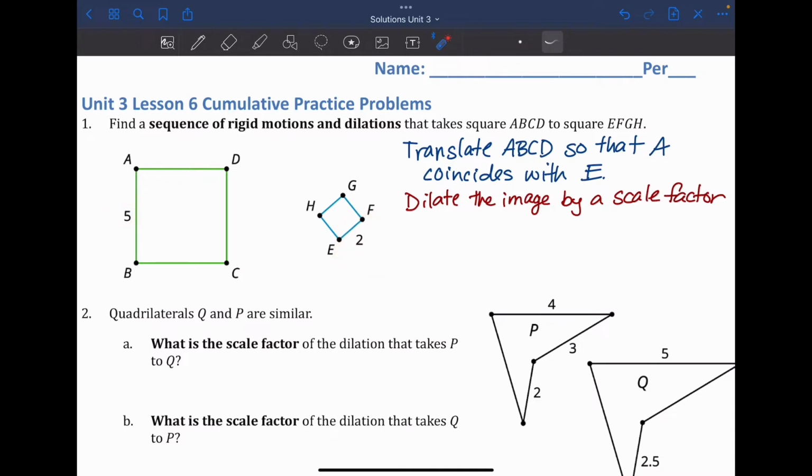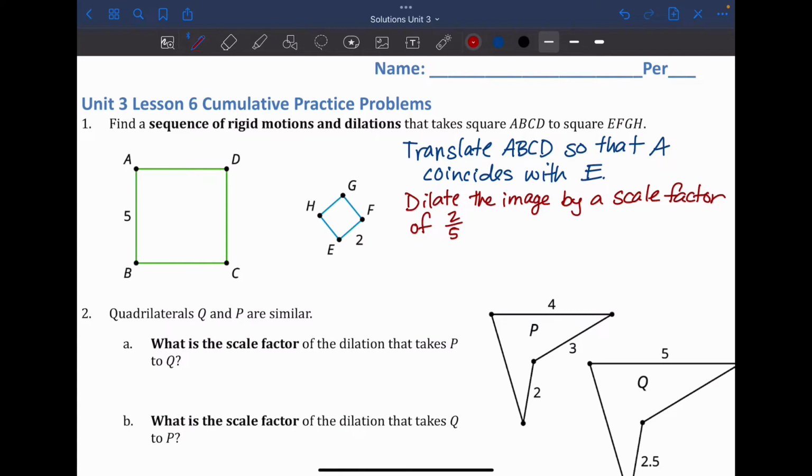So in order to do that, we would need to figure out our scale factor, but we're going to use those two numbers. Normally, I would say you would use the image over the pre-image, and in this case, that's 2 over 5. And that is actually the scale factor we're going to use. So I would say dilate the image by a scale factor of 2 over 5, but I also now have to provide a center of dilation.